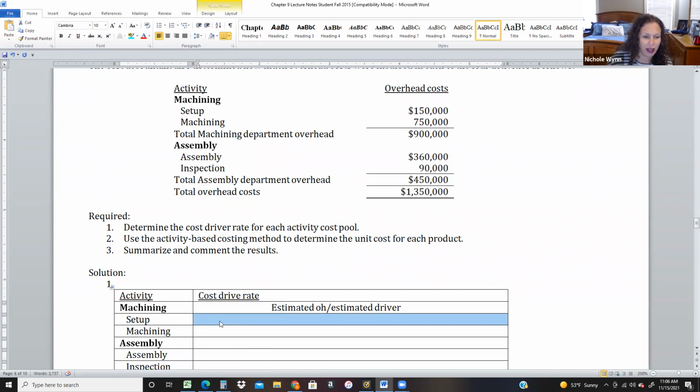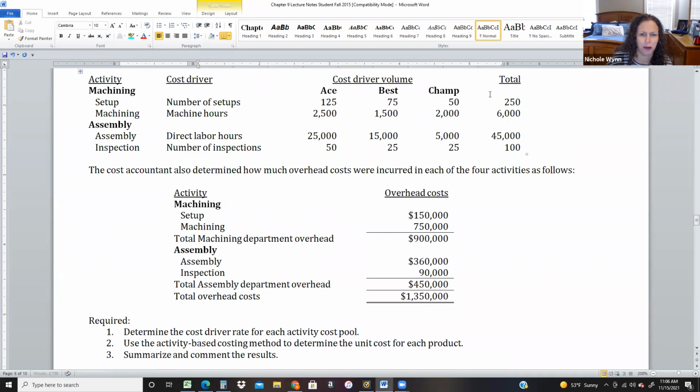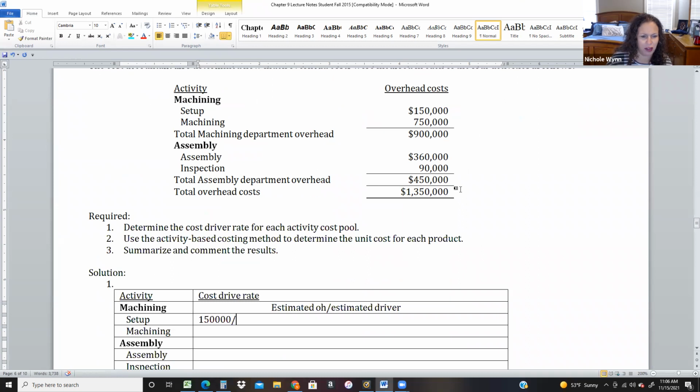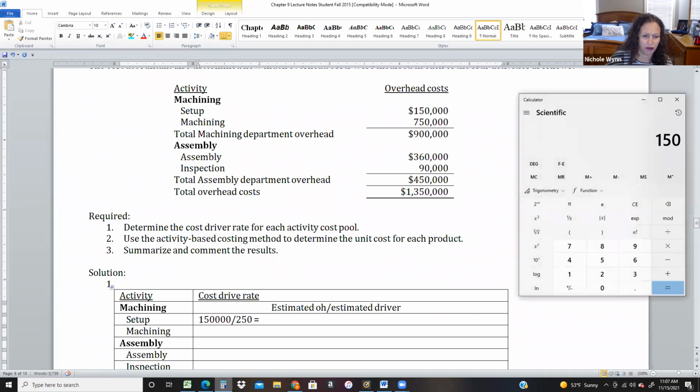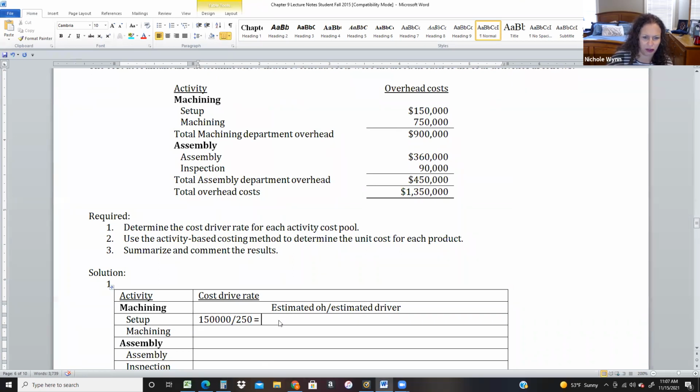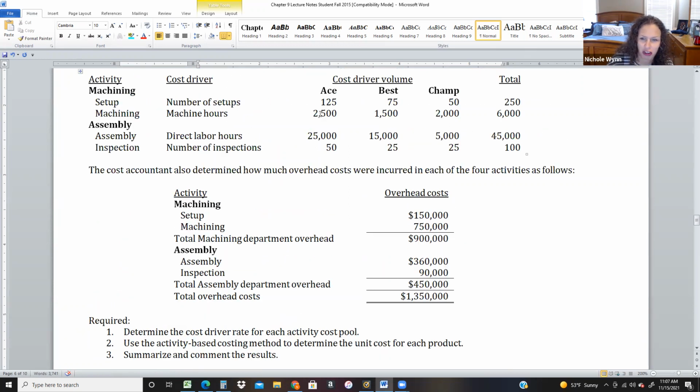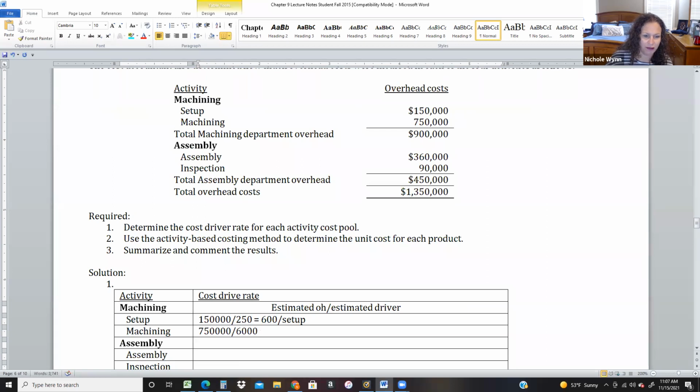So for setups, we have 150,000 divided by the total number of setups, which is 250. So the predetermined overhead rate for setups is going to be 600 per setup. For machining, it's 750,000 divided by the number of machine hours, since machining is based on machine hours, so divided by 6,000.